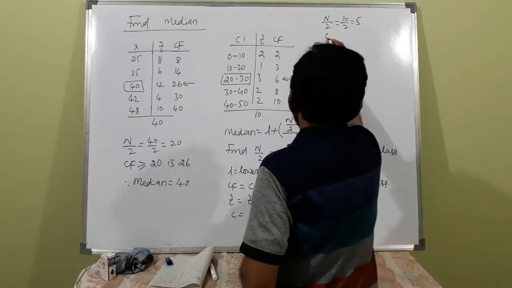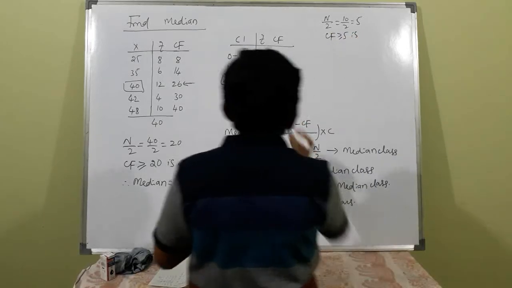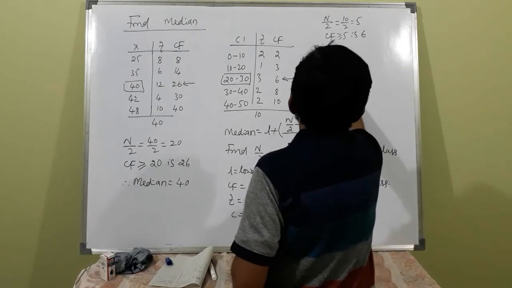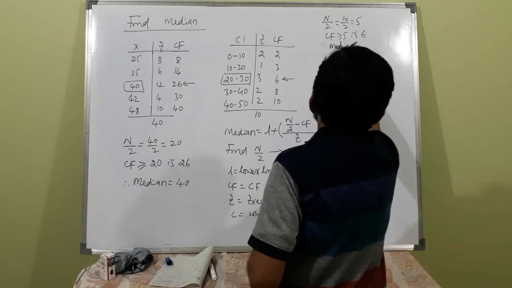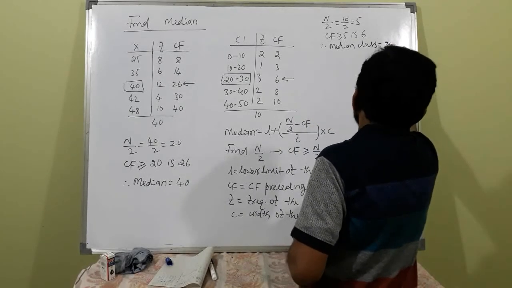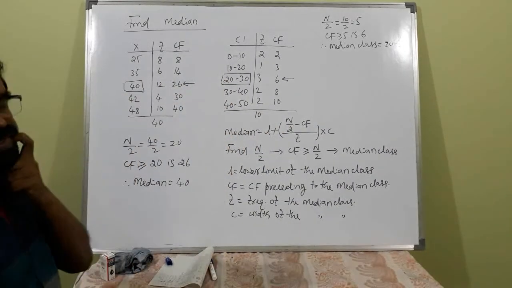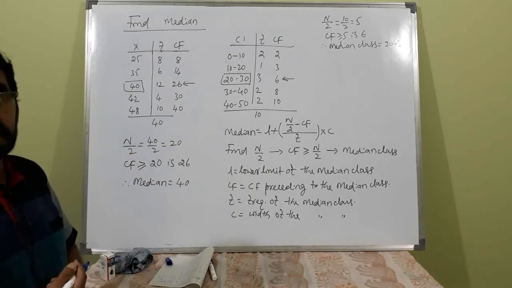So cumulative frequency greater than or equal to 5 is 6. Therefore median class is 20 to 30. See, you have to identify the median class first, then only you can apply the formula.